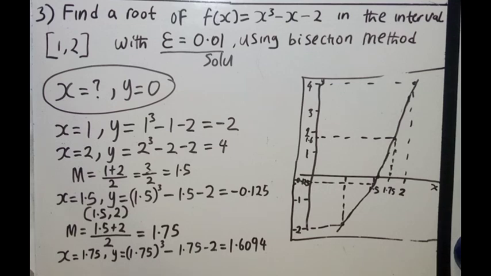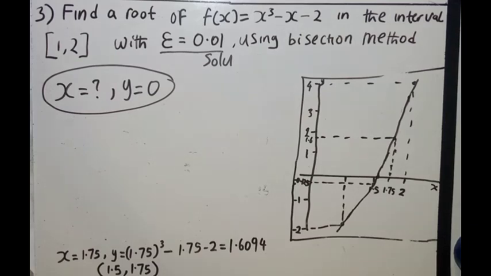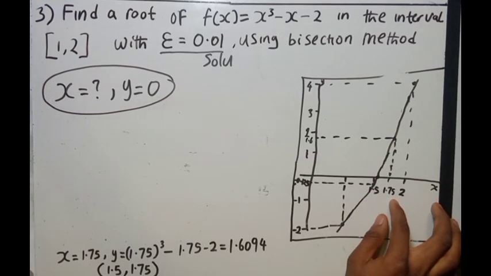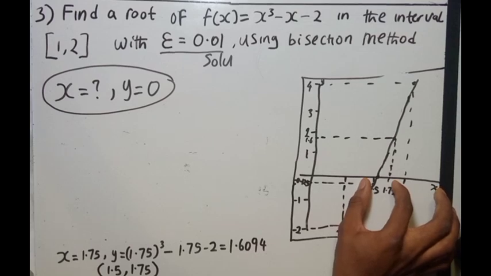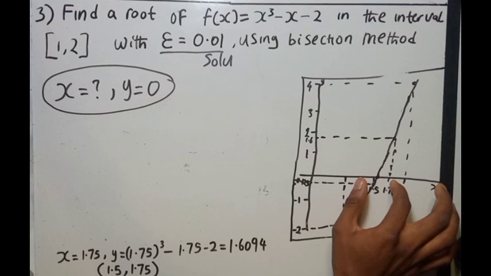So that will be our new interval, because these are the values where our root will fall under. This is the interval that our value of x when y is 0 will definitely fall under.